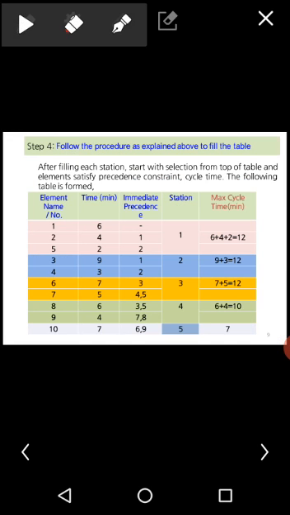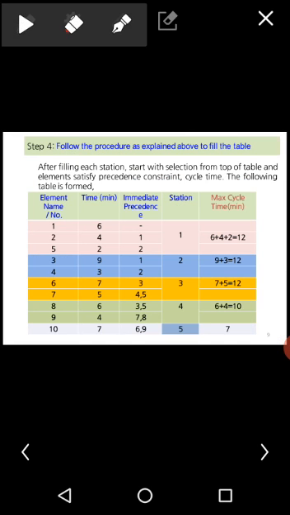Coming to the third station, now we need to check the elements from the top. Which are completed we can leave, and which are not considered we can consider now in station number 3. In station 3, the element is 6 and its time is 7 and its precedence is 3.